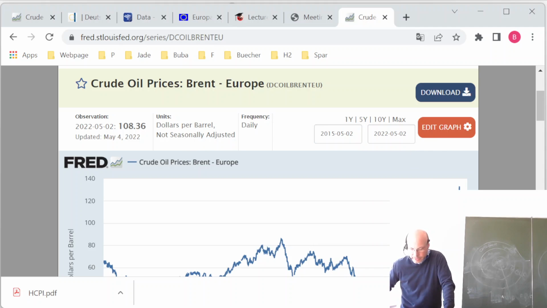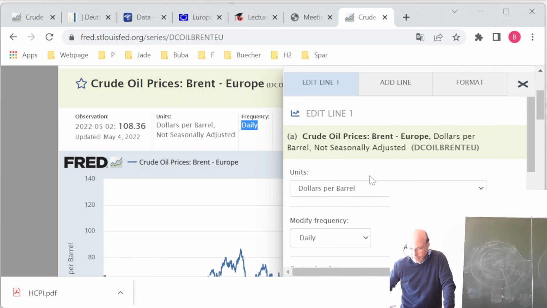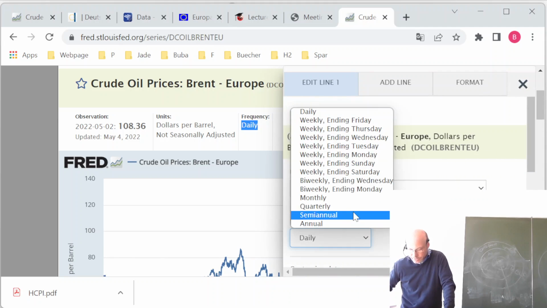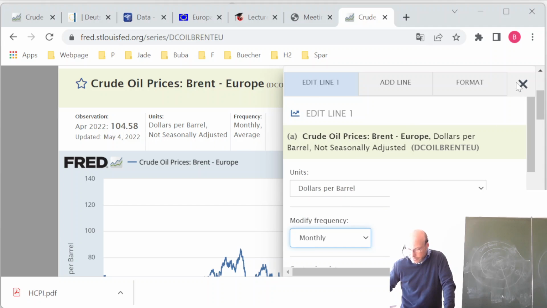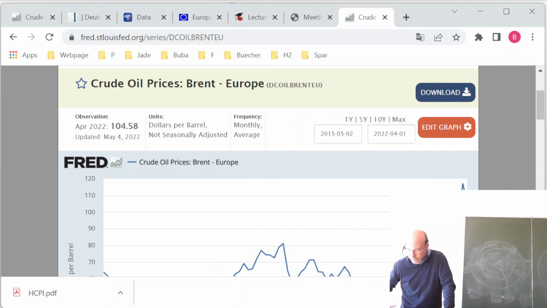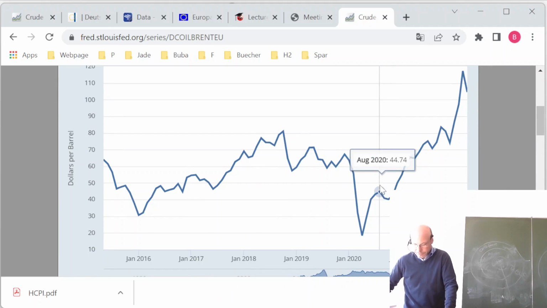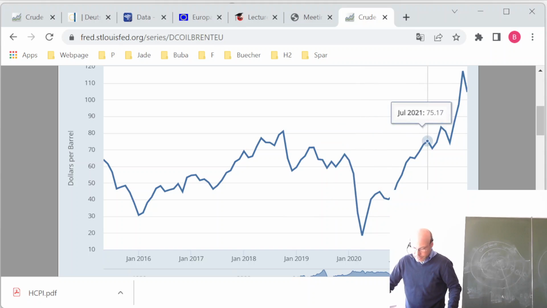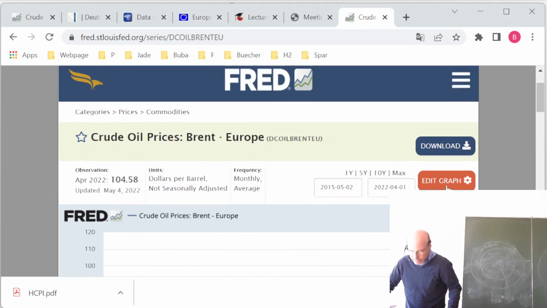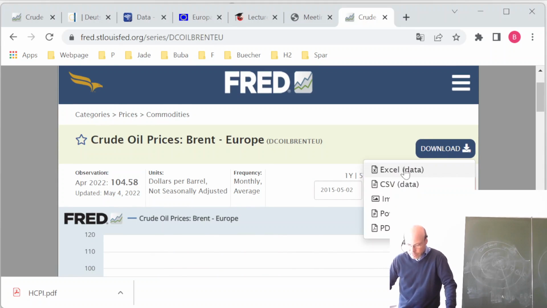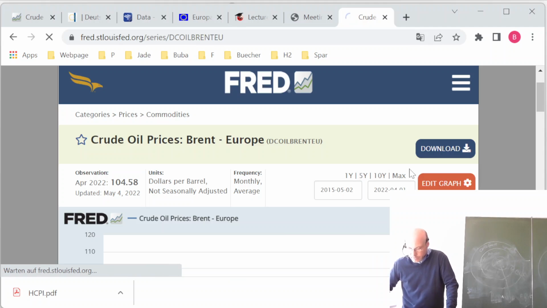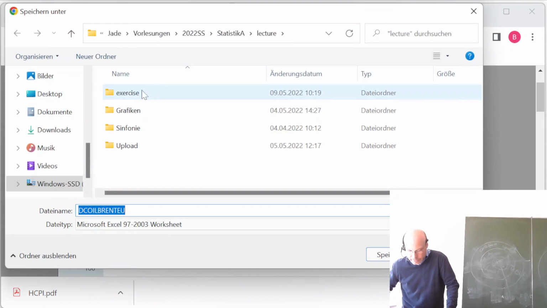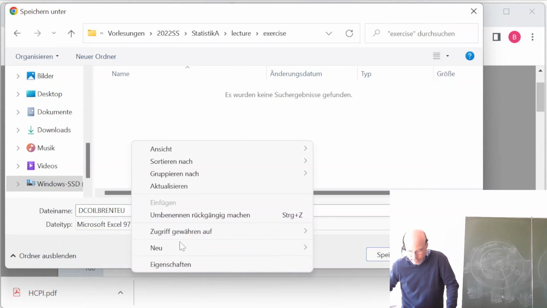And what you see here is we have the frequency daily, but we want to have the frequency of monthly, so we can change here to monthly, and then we have the monthly data over the last 5 years. Therefore we are done for this, and we can just download it. Download the data and exercise, let's say case study.